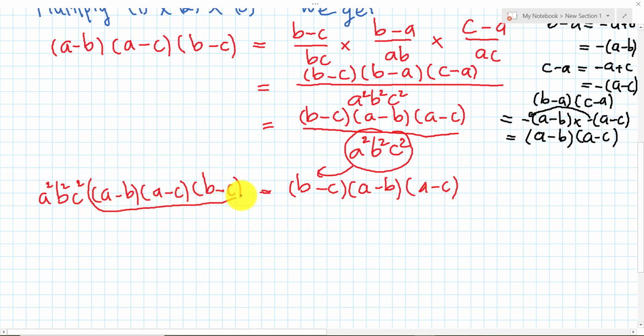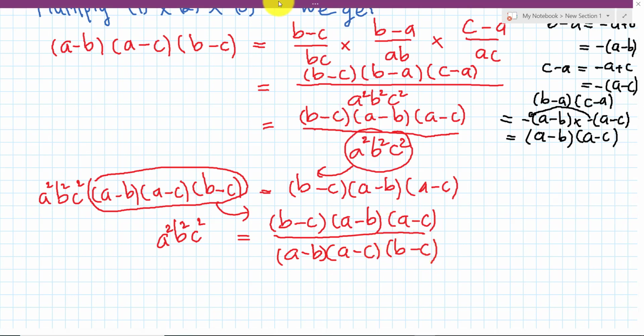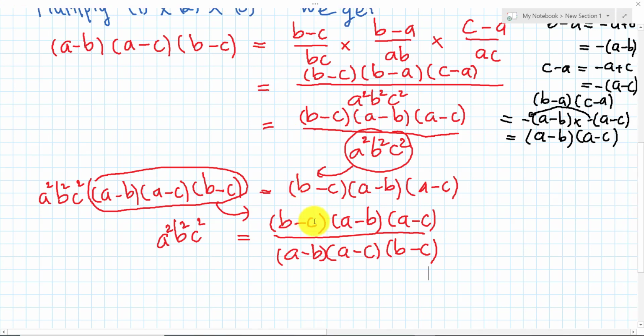And we move all this part to the right side, and we get A square times B square times C square equals B minus C times A minus B times A minus C over A minus B times A minus C times B minus C. Okay, we can simplify A minus C, A minus B with A minus B, and B minus C with B minus C. It equals 1.